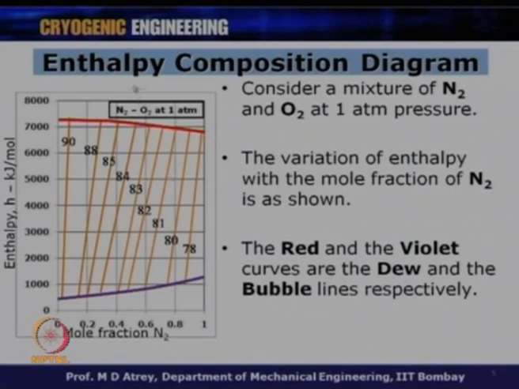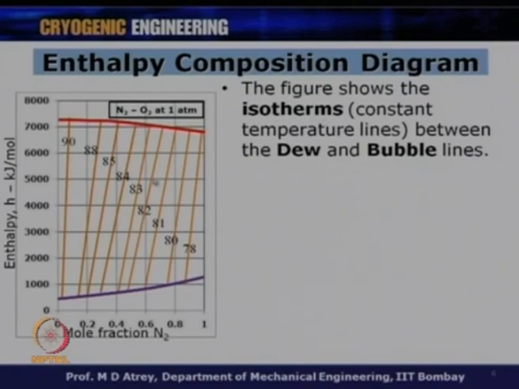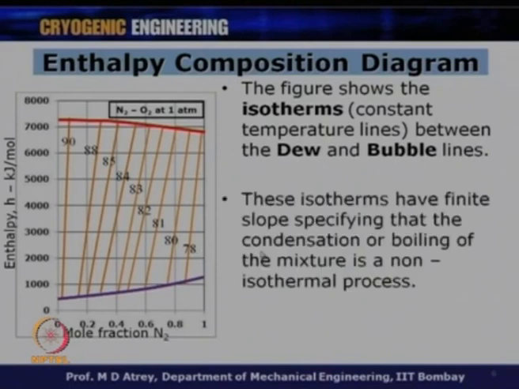Whenever we are starting condensation, we will have first the dew line over here, and then when the phase change happens, we will have the bubble line, as we had seen earlier in a temperature composition diagram. The diagram looks similar to what you have seen earlier. The figure shows the isotherms, that is the constant temperature lines between the dew and the bubble line. So, you have the dew line, the bubble line, and a constant temperature line or isotherm as shown in this particular figure.